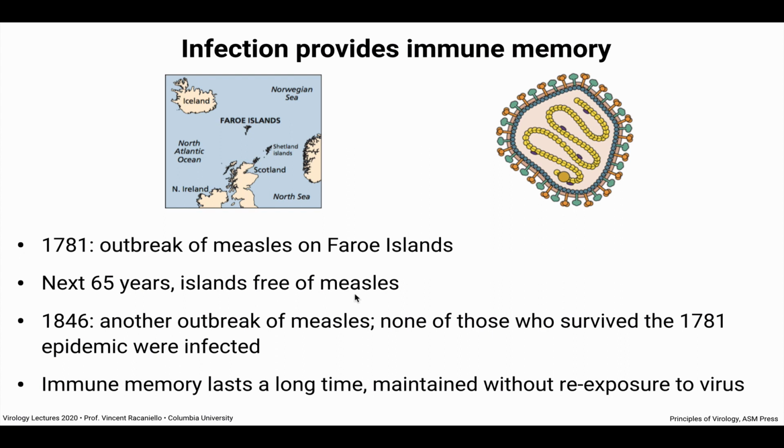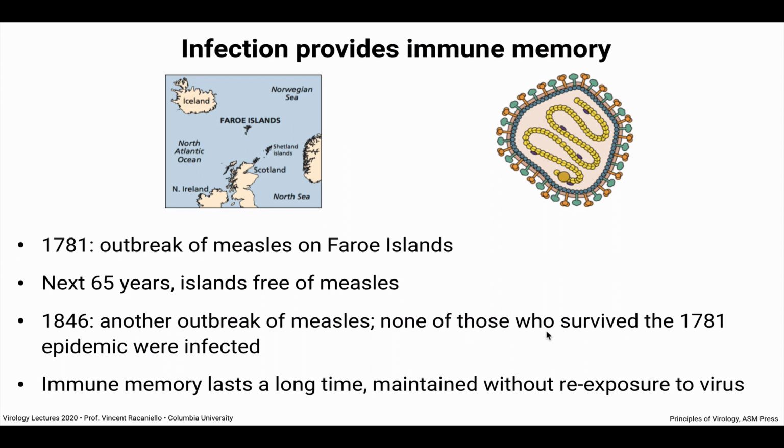But in 1846, there was another outbreak. And so probably by then there were enough people who had been born that were no longer immune. And when the ships brought in people infected with measles virus, they started an outbreak. But interestingly, none of the people who survived the 1781 epidemic, some of those were still around, were infected.